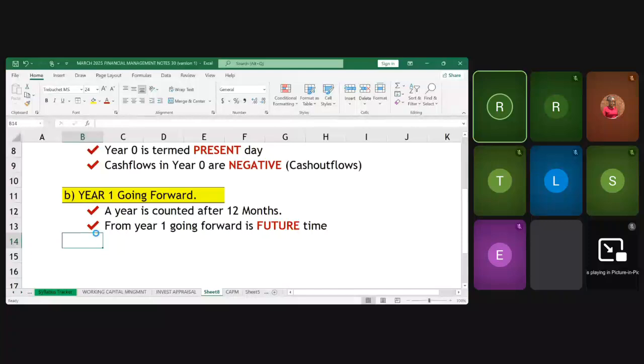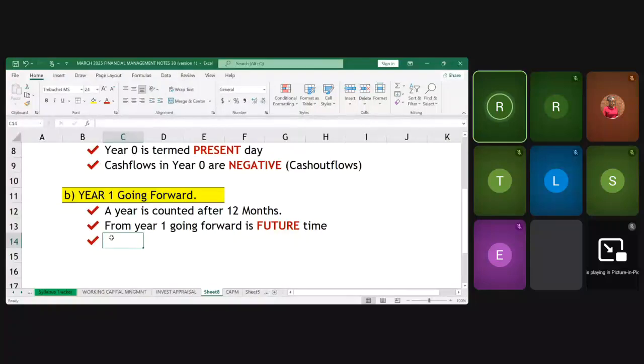So you realize that if you are doing FM, from year one going forward, the cash flows are going to be positive. But for those who are doing AFM, you realize that you might have 2 or 3 consecutive years of still investing, making further investments.